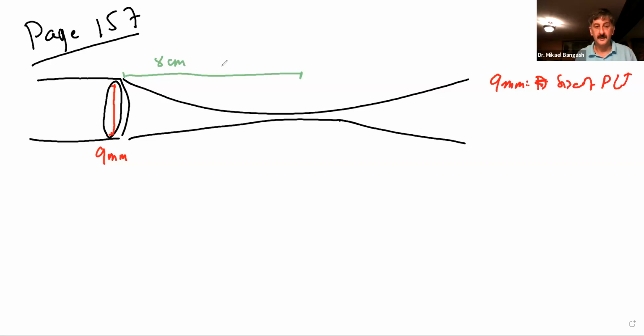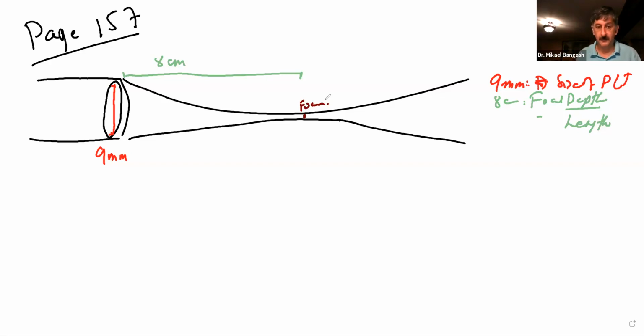Whereas this 8 centimeters here is going to represent what we call the focal depth, which also could be called the focal length. We mean that it's at a depth of 8 centimeters. That means we will have the focus. Is that clear?